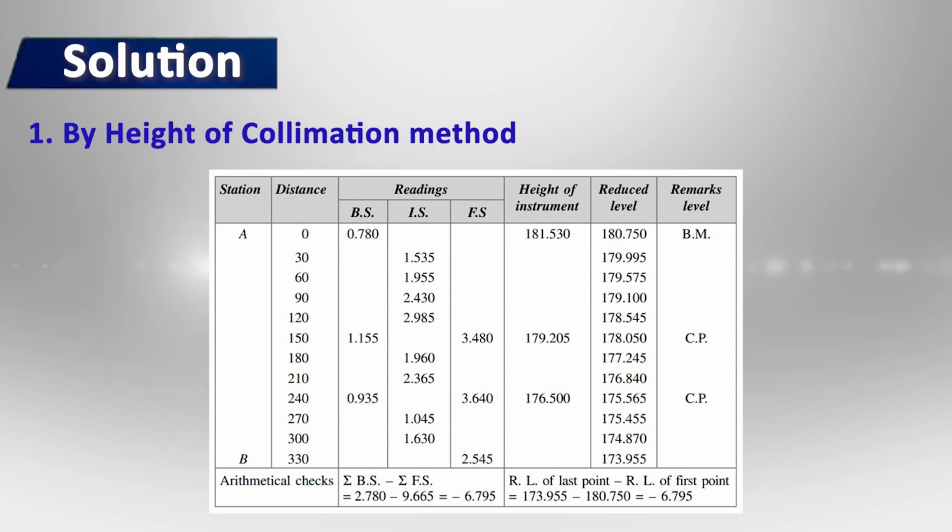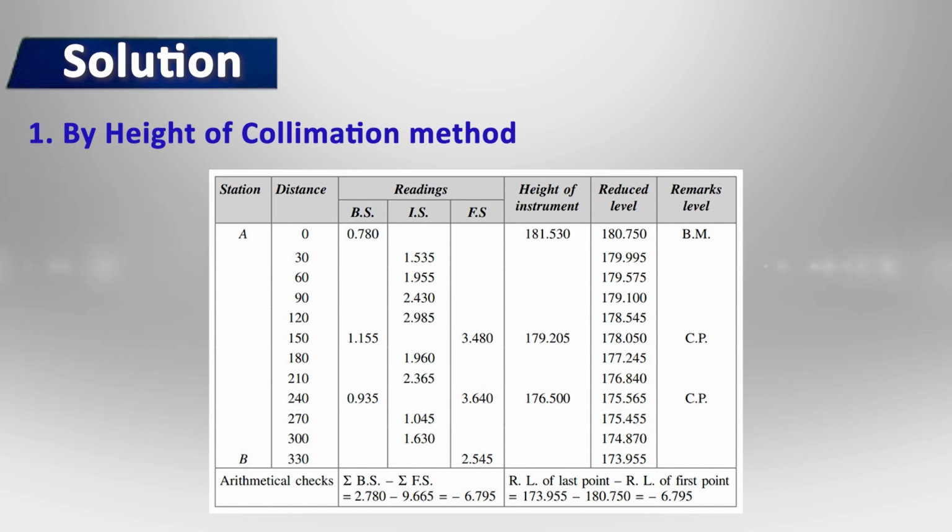So, we will again calculate the new height of instrument for this station, which will be equal to the reduced level up to 150 meters, that is 178.050 meters, plus the backsight, that is 1.155, which will result in 179.205 meters. So, this is our new HI, which will be helpful in calculating the next RLs.